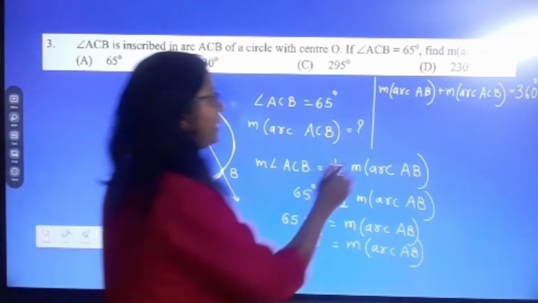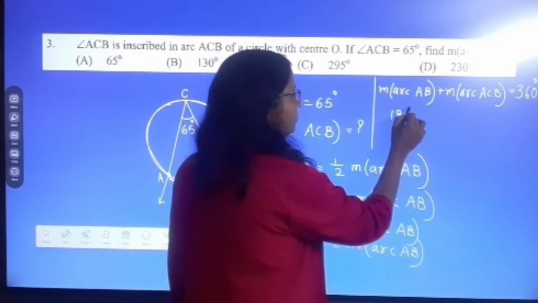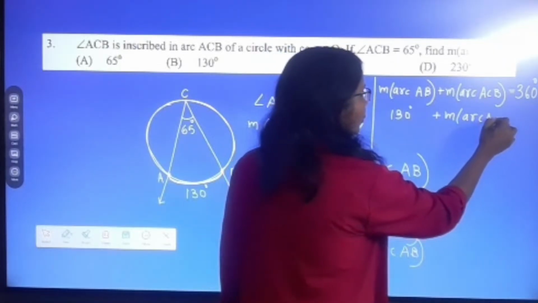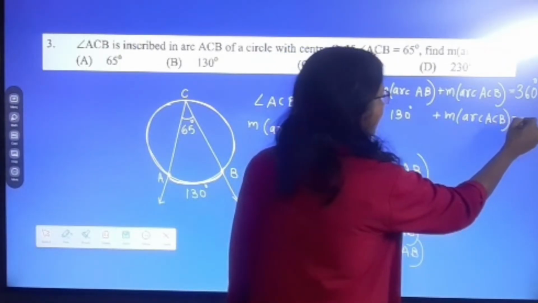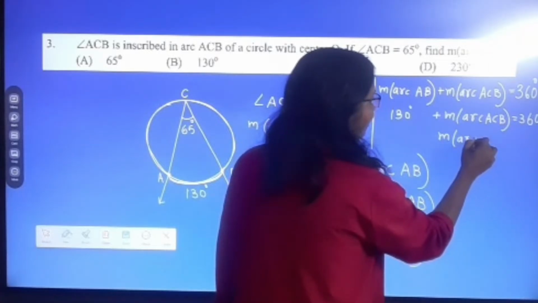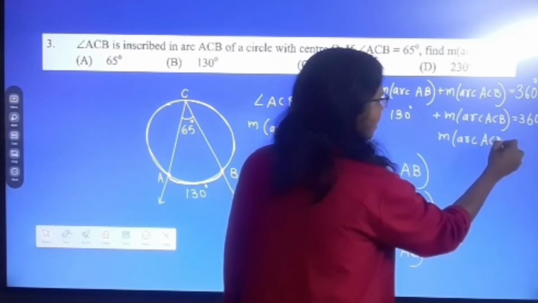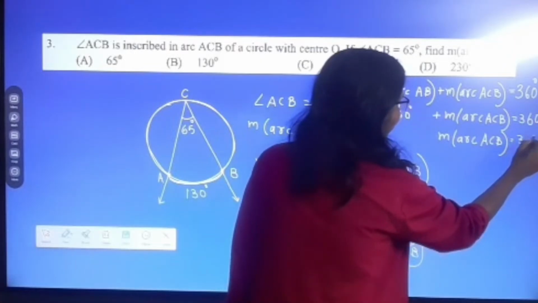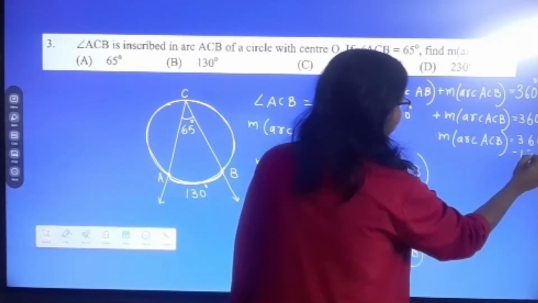Major arc AB is 130 degrees, plus major arc ACB is equal to 360 degrees. So major arc ACB is equal to 360 minus 130 degrees.